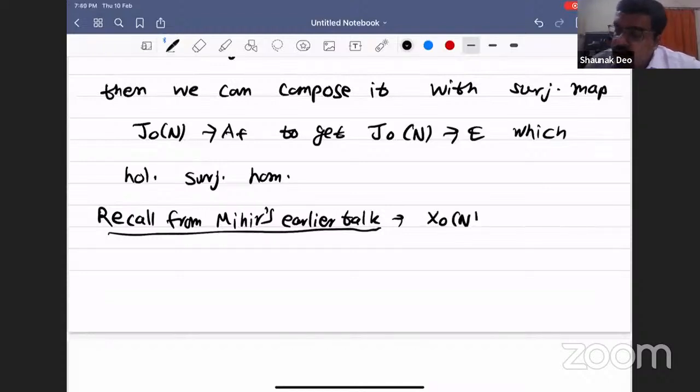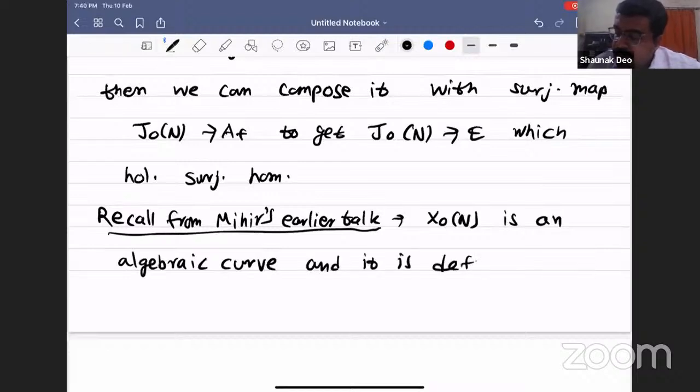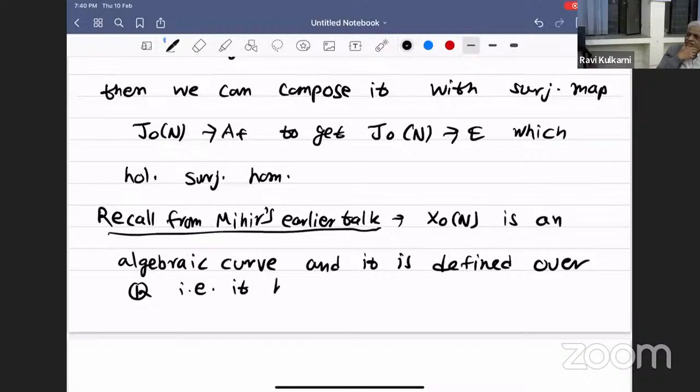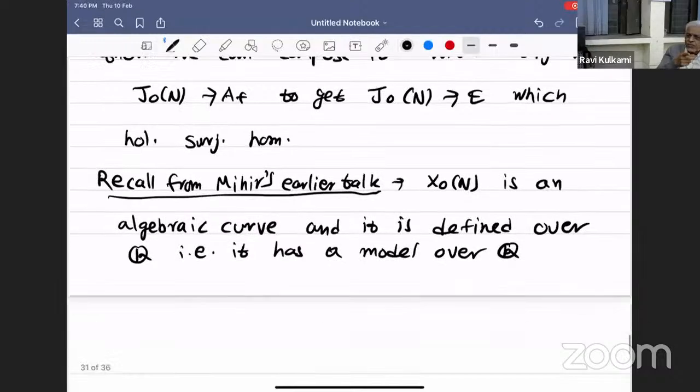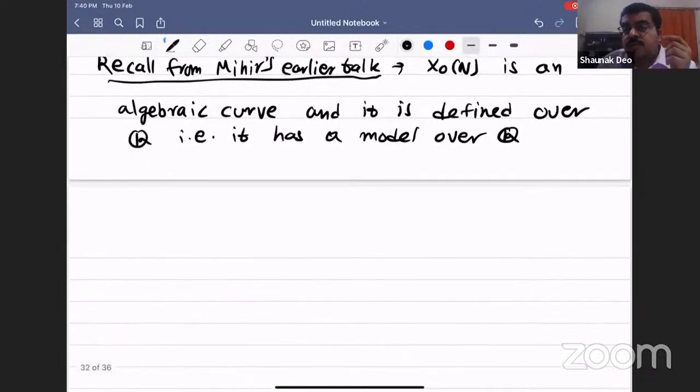So X naught of n is an algebraic curve, and it is actually defined over Q. That is, it has a model over Q, an equation over Q. So now what we can do is state all these modularity theorems in the algebraic geometry language.